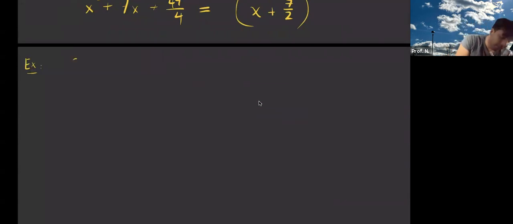What if you have a scenario? We're going to try to cover all different scenarios. We talked about when you have a factorable trinomial, just factor. If you have a squared term and a constant, square roots.